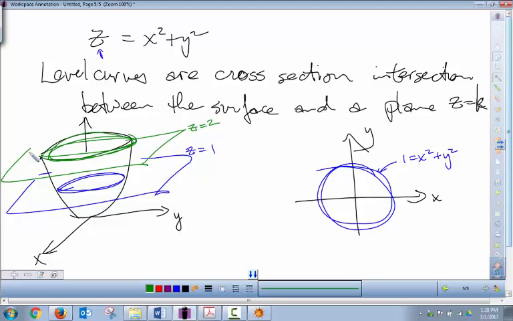We could cut it with z is equal to 2. Then you're going to get a circle of radius what? No, square root of 2. Square root of 2 is 1.4-ish.